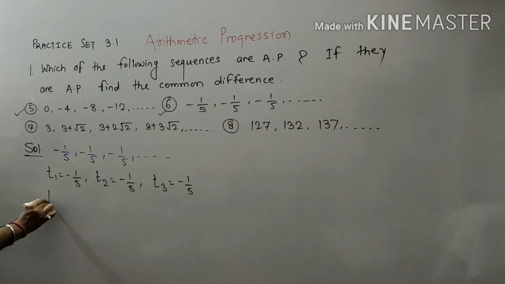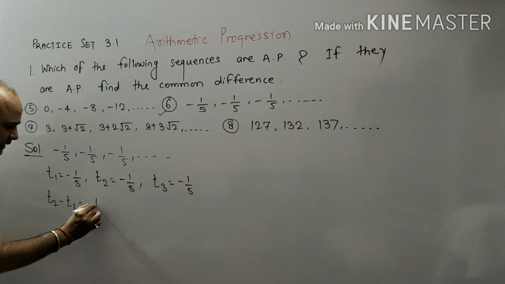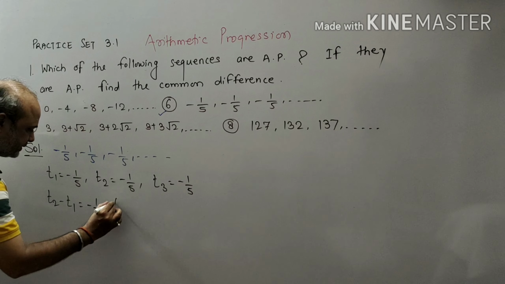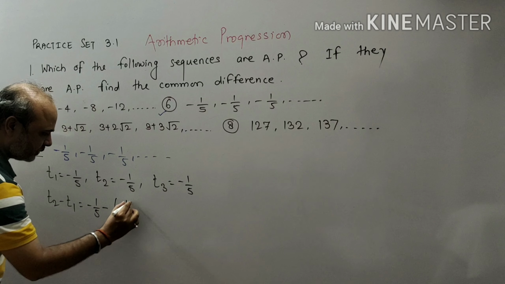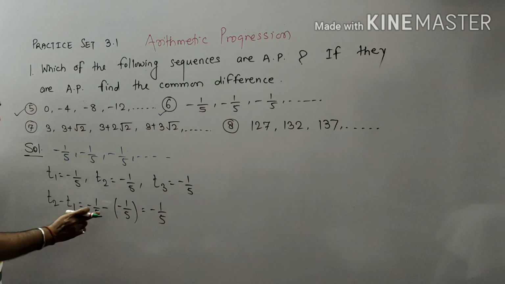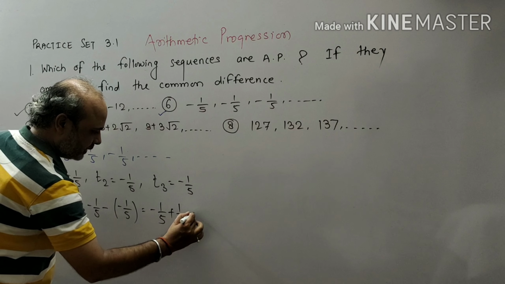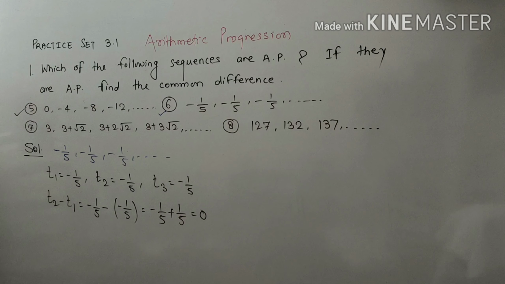Now we'll find the difference. T2 minus T1. T2 is minus 1 upon 5 minus T1, which is minus 1 upon 5. This minus becomes plus, plus 1 upon 5, and this is 0. So minus 1 upon 5 plus 1 upon 5 is 0.